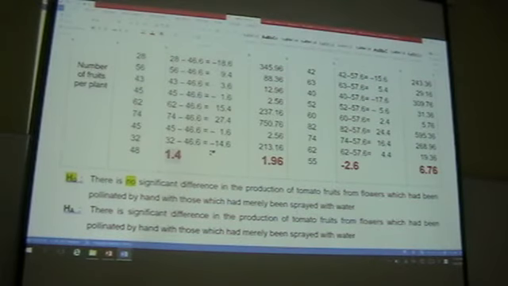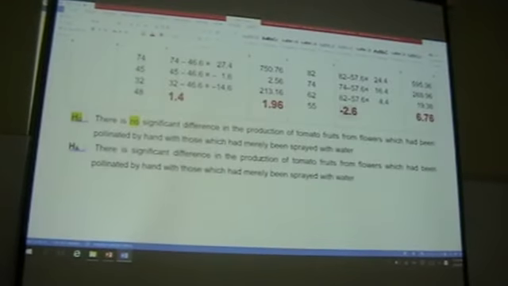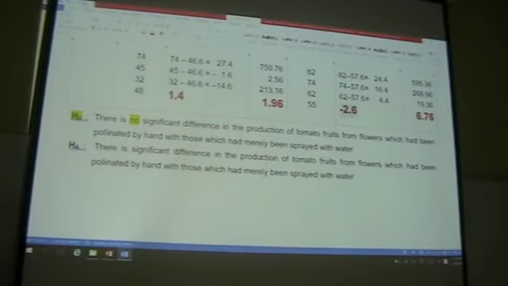The other one also, minus 2.6, you must also show working. So you write down your own working. Okay, let's move on.